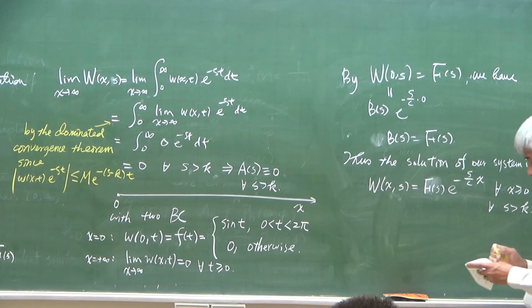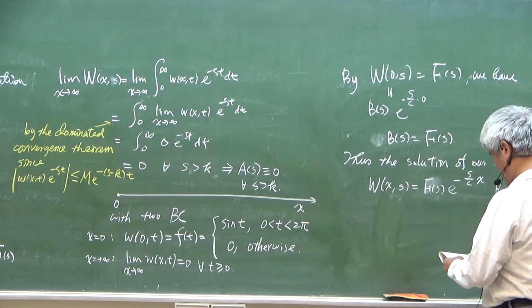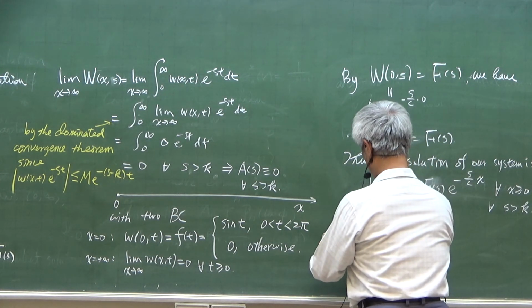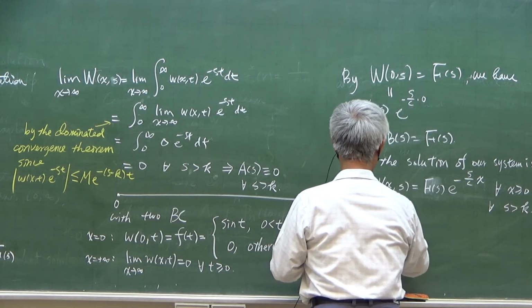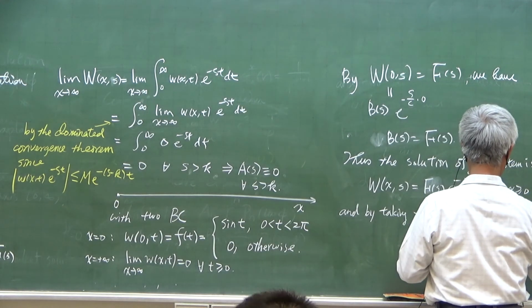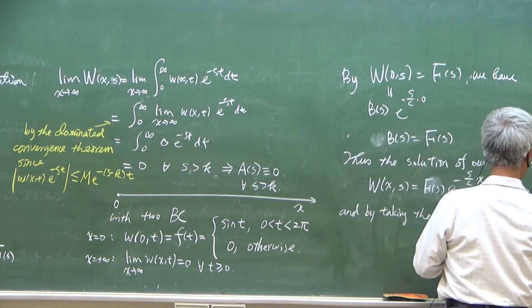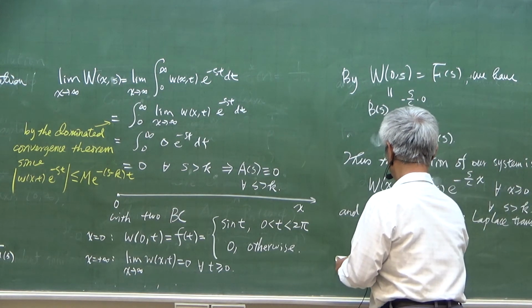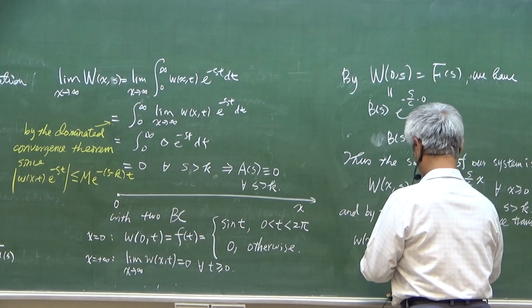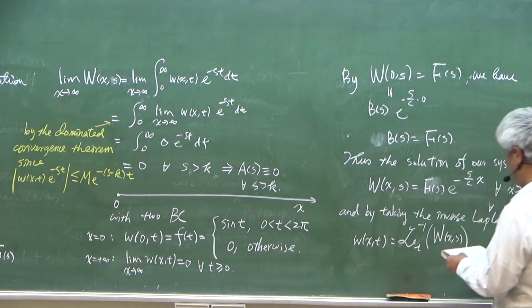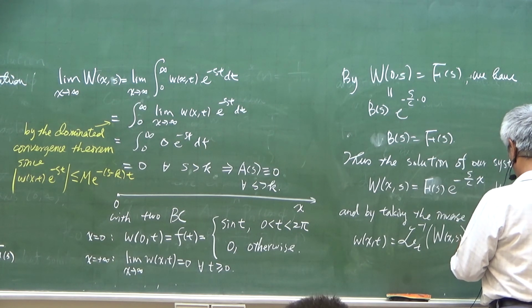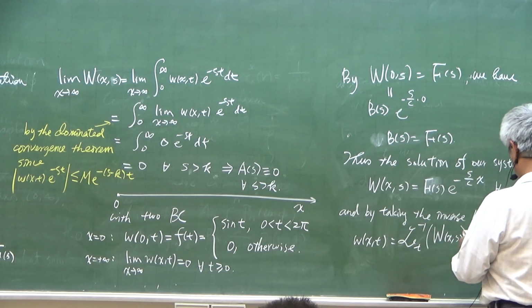So the next thing is, by taking the inverse Laplace transform, we have W(x,t), the inverse Laplace transform of F(s) e^(-sx/c).